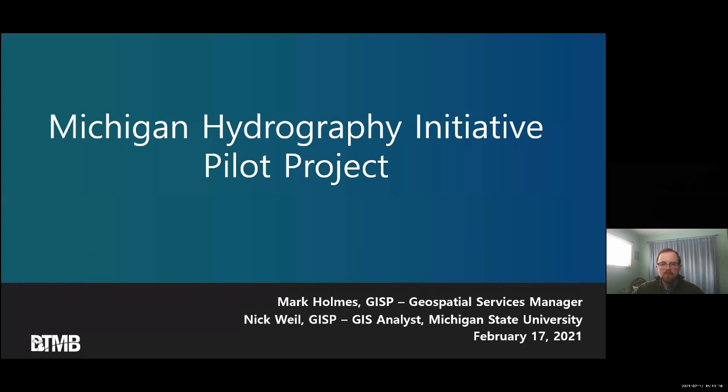We've developed the hydrography from the 1 to 100,000 and 1 to 24,000 maps, providing that into USGS for the state of Michigan. But Michigan has completed QL2 LiDAR in the past year. So with LiDAR data coming in, we really wanted to take a look at what we could do with hydrography.